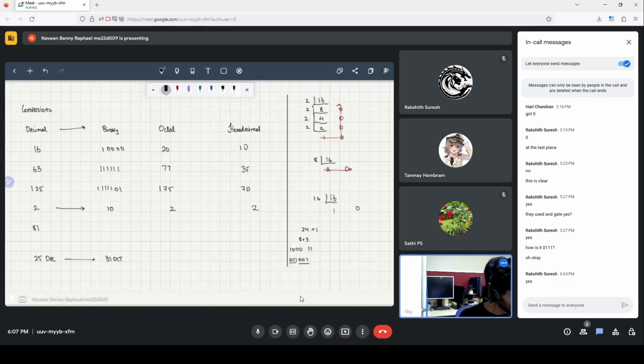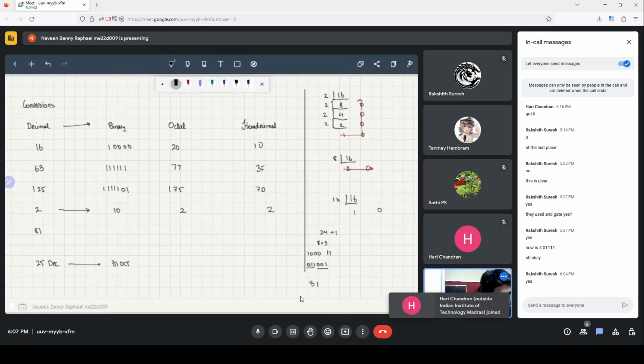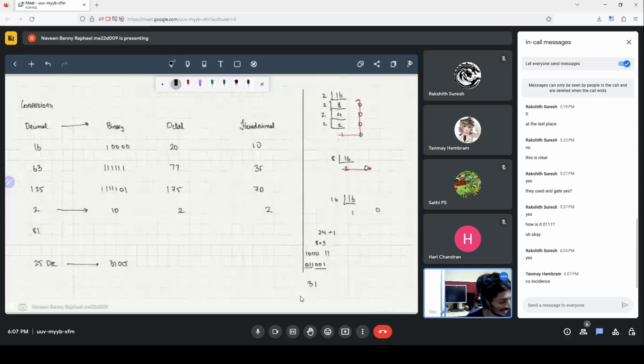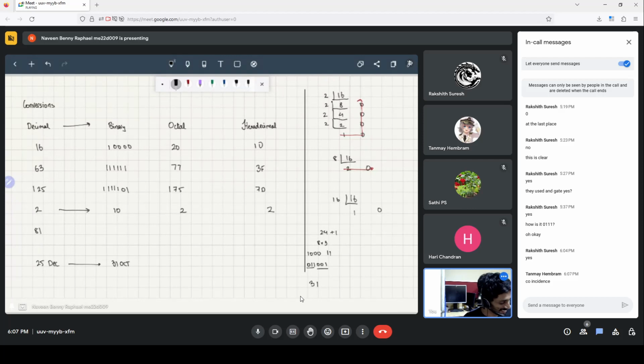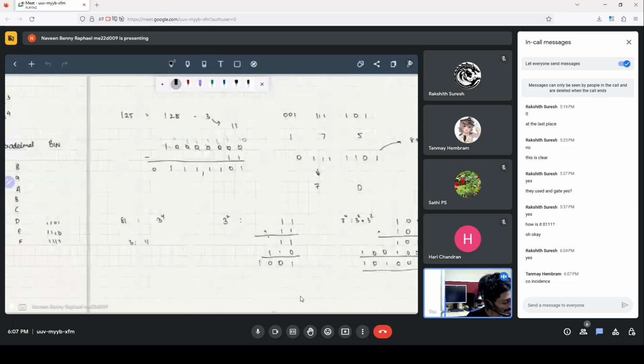The first group of 3 is 0 1 1, and we know 0 1 1 is 3. The second group of 3 gives us 1. So as a very stupid joke, we have 25 in decimal as 31 in octal. That's a nice fun one, an actual coincidence.